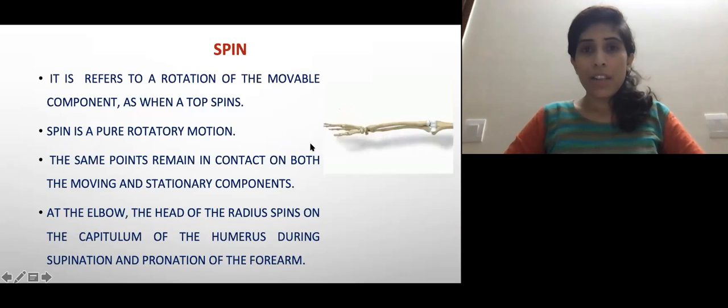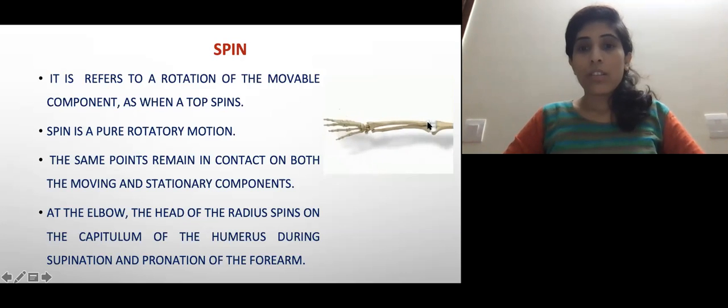Next is the spin. It's a rotatory motion, and it refers to the rotation of the movable component, as when a top spins. Here we have taken the example of supination and pronation.